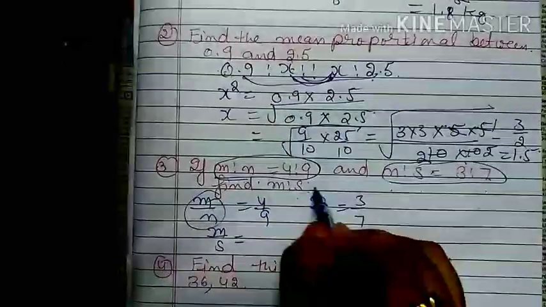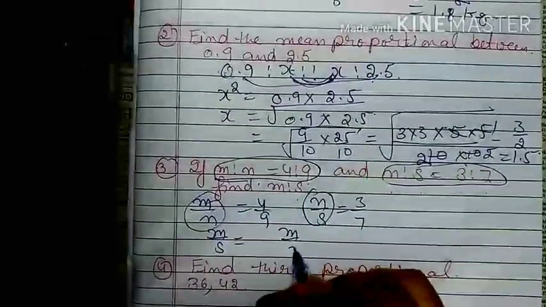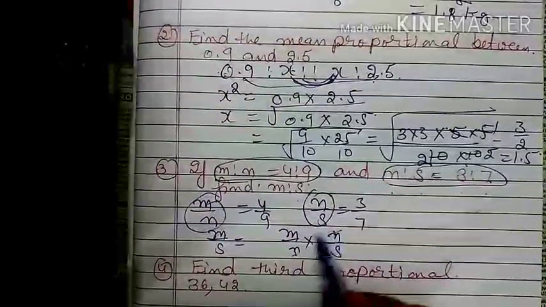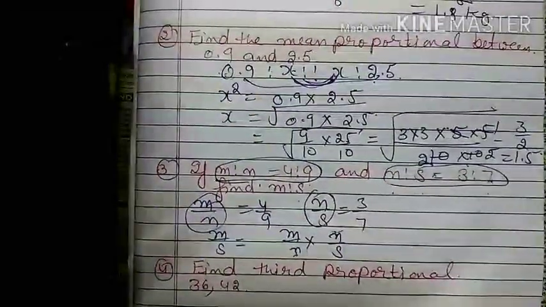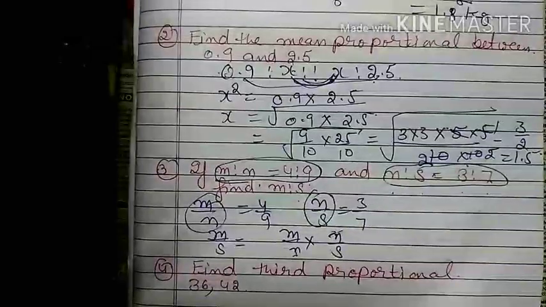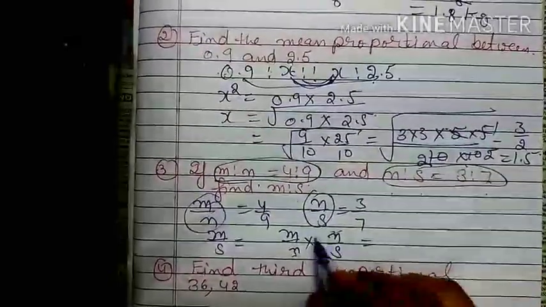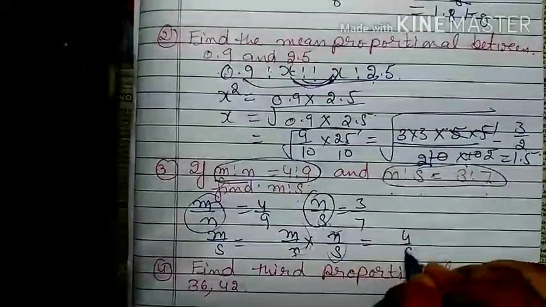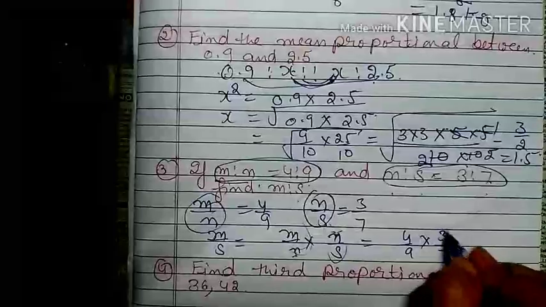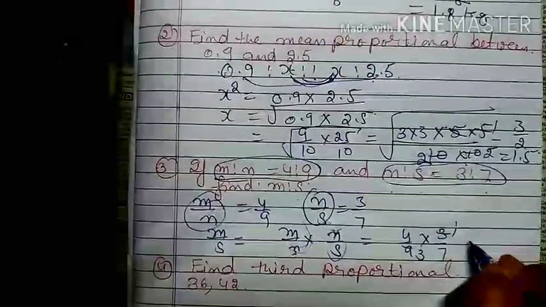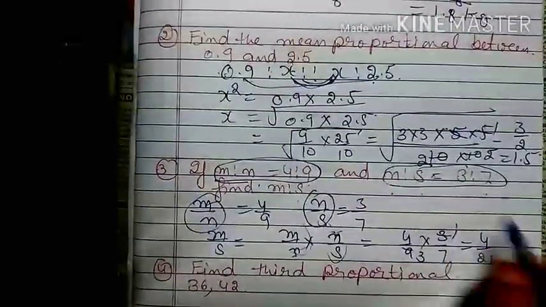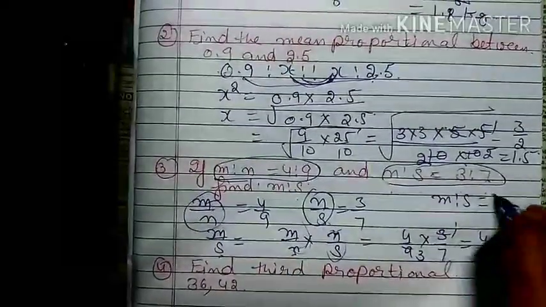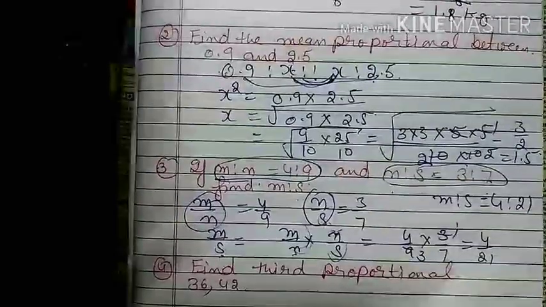If I multiply these two on the left side, m by n into n by s, and cancel this n, you will easily get m upon s. You can directly write m upon s equals 4/9 into 3/7. Then 3 threes are 9, giving 4/21, and your required ratio m ratio s is 4:21.